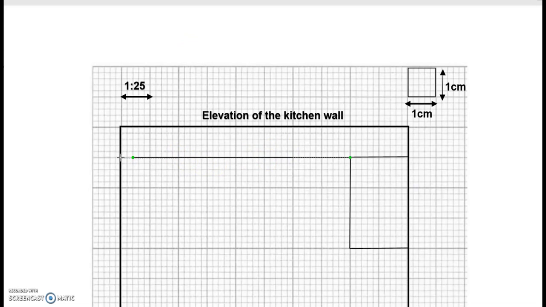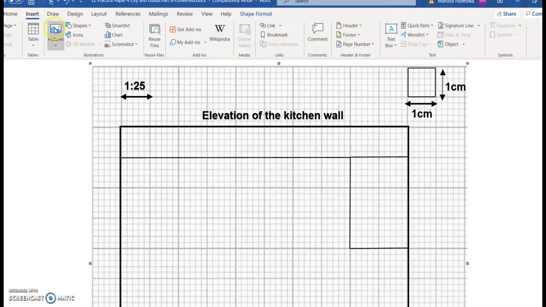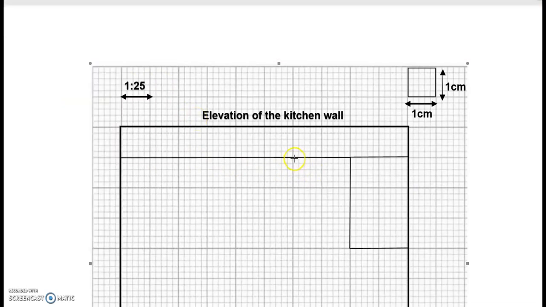Might be worth just continuing the line to the end. And that's where the short cupboard ends, at 2 centimeters here in the plan.